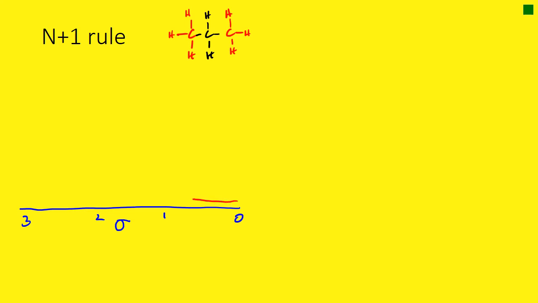It's going to be split into 3 because we've got 2 hydrogens in the adjacent carbon. So we draw it like that, very badly drawn, sorry about that. But we want that. We also want another peak here that looks like that.